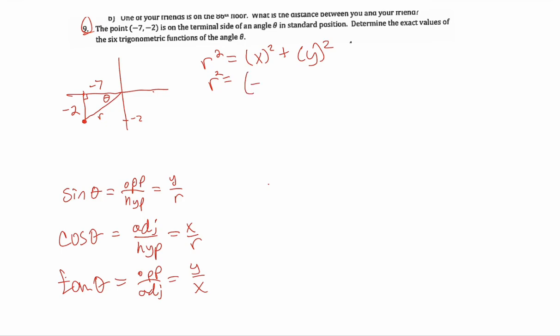So that's just going to be -7 squared plus -2 squared. Now 7 squared is 49. 2 squared is 4. 49 plus 4 is 53.